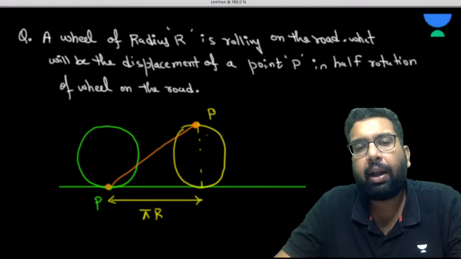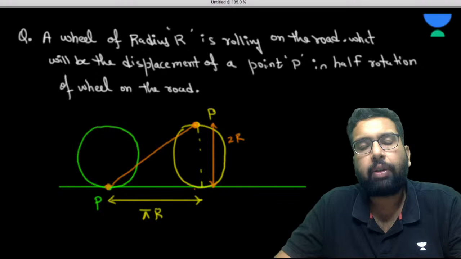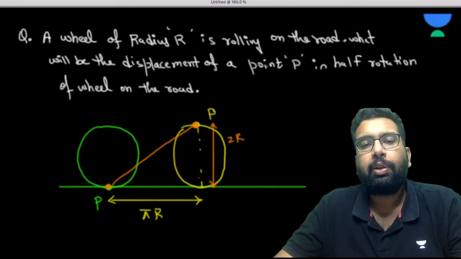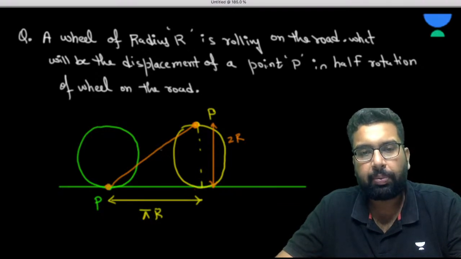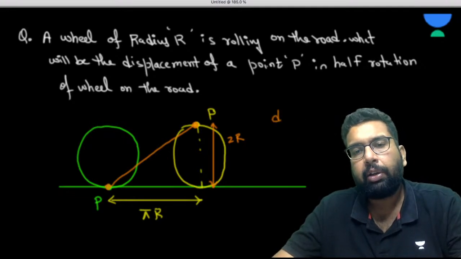So this is pi r, and this is going to be 2r. So pi r and 2r. So this is the displacement. So the displacement is going to be how much? Again, we can apply the Pythagoras theorem. Let's call it d.